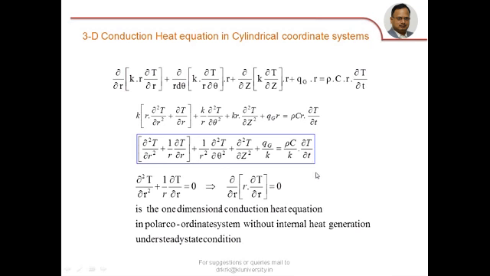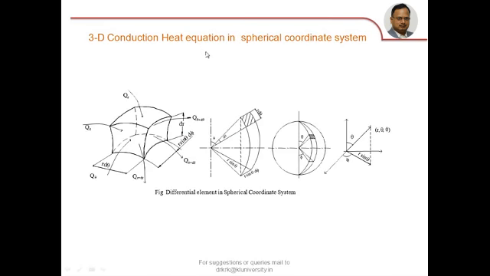to solve the equation. So this is the three-dimensional conduction equation in cylindrical coordinate system, the most useful in the analysis of heat transfer and particularly heat exchanger applications. Radial systems are more common. Similarly, we can also try it for the three-dimensional conduction equation in spherical coordinate system.